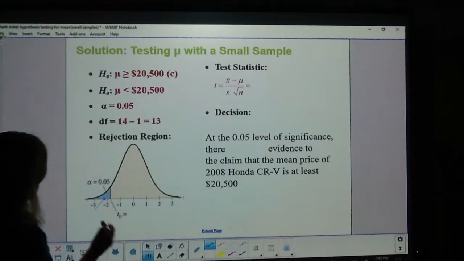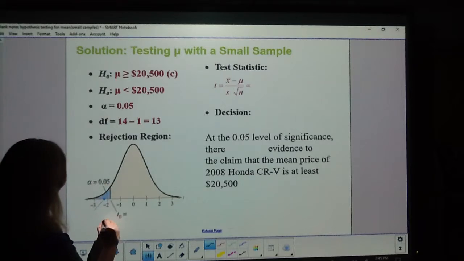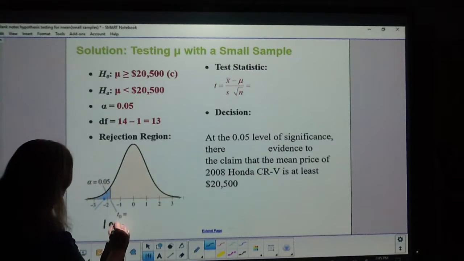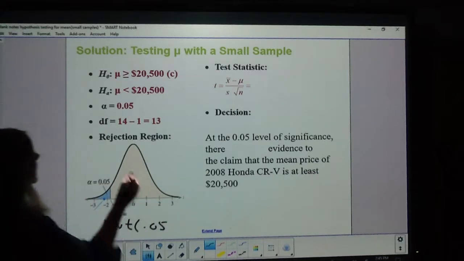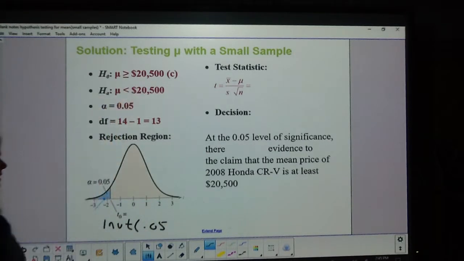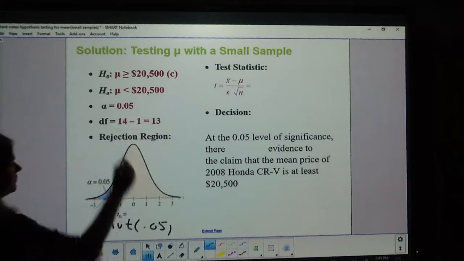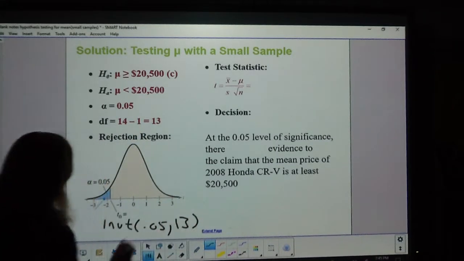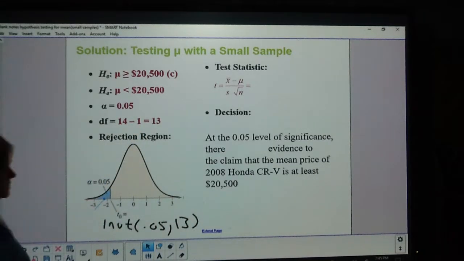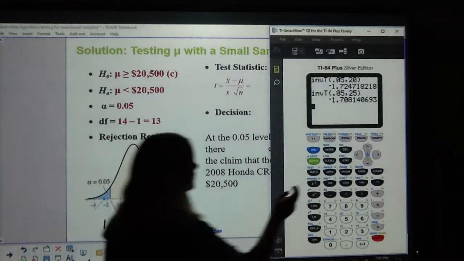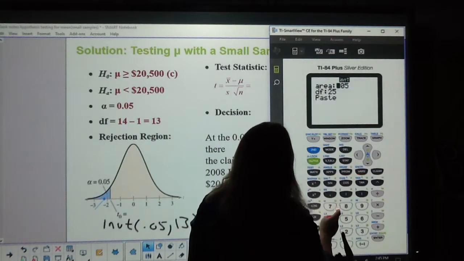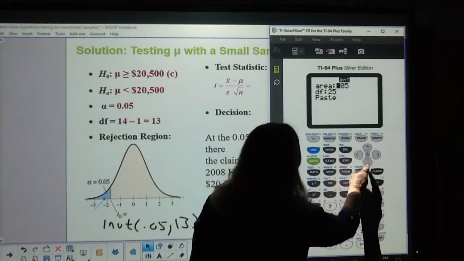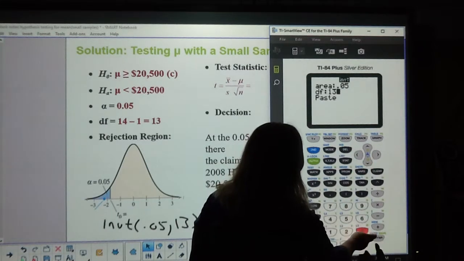So if I take inverse T of my area to the left, it's left-tailed because that's pointing to the left. Degrees of freedom of 13. I will get my T sub 0. So let's see what we get. Second distribution, inverse T, 0.05, 13.